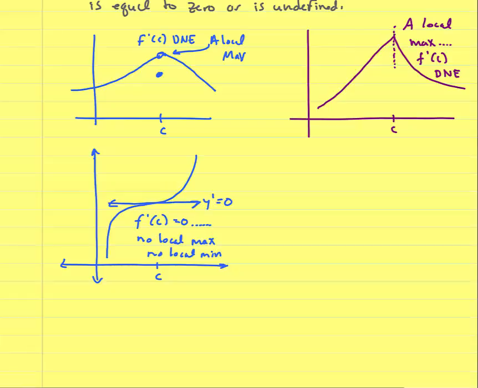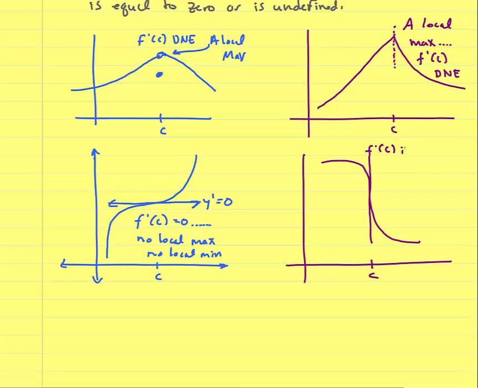Now another thing that we can do is we can talk about that vertical tangent line again. So we could have kind of that same curve but turned on its side. Now when we talk about that tangent line at C, f prime at C is undefined. It doesn't exist if we want to think about it like that as well.